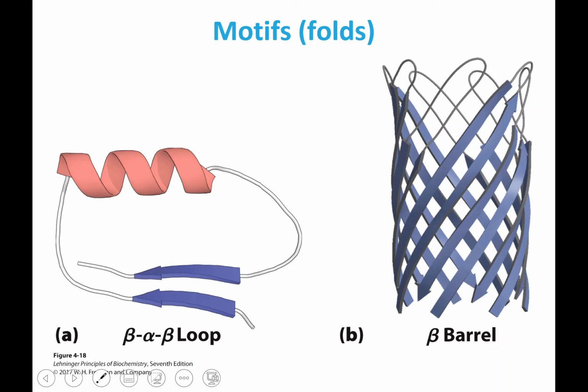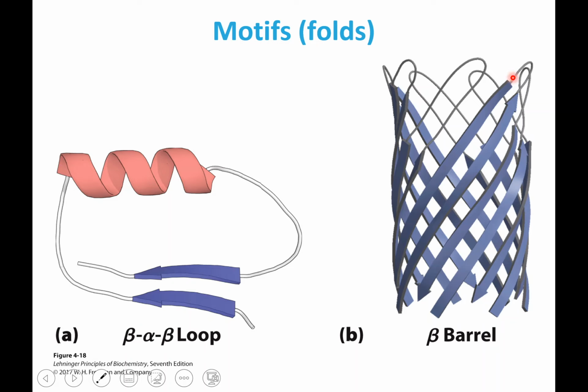Some examples of motifs are shown here. This is known as a beta alpha beta loop. If we follow the sequence in order, it's making a loop. It starts with a beta strand segment going into an alpha helix and then into another beta strand.